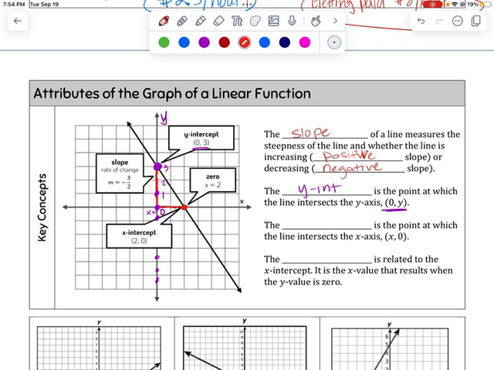Now the 0 then is what I like to call the x-intercept. So x-intercept or 0, that's what happens when you cross the x-axis. So the x-intercept, we usually do it as a point. So this is x, comma 0 for y.